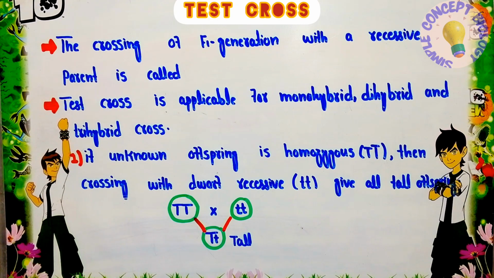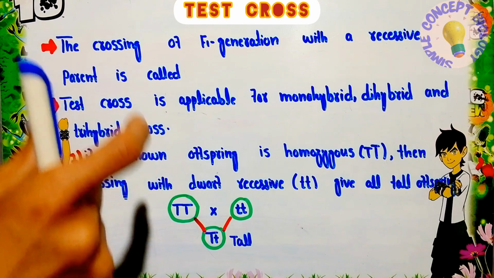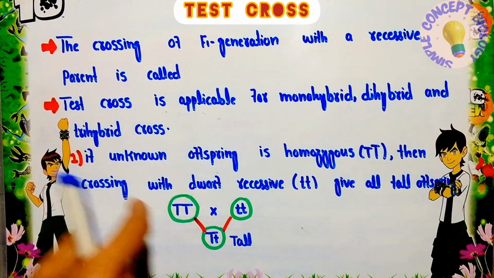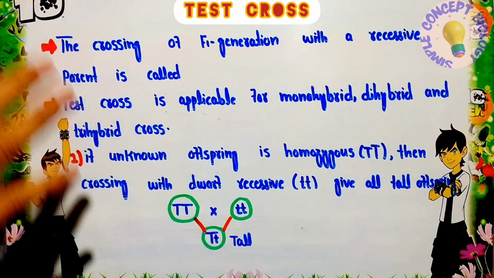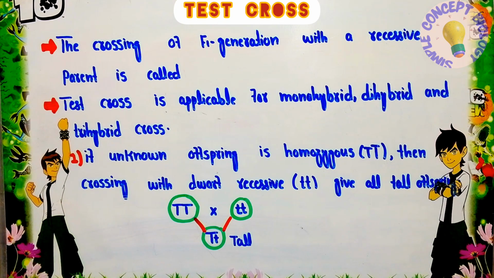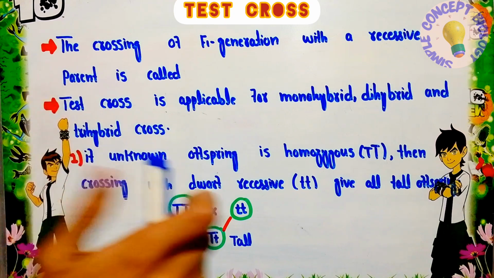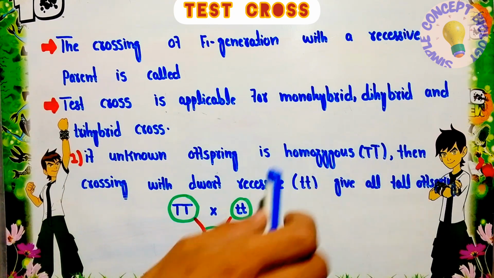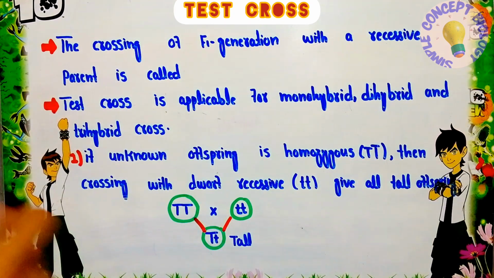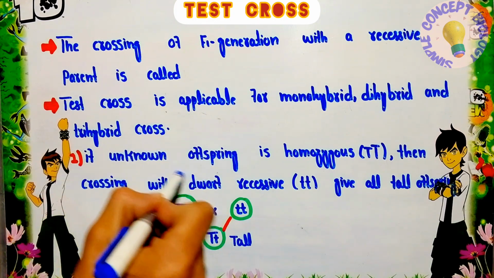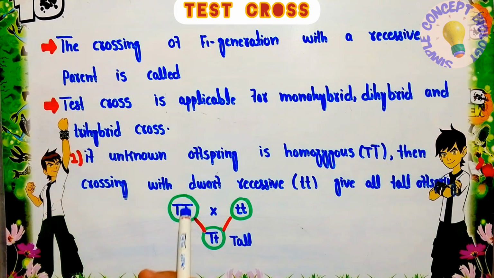In the first case, if we cross this F1 generation with a recessive parent and in the final result we get all tall plants, we can easily conclude that the F1 generation has the genotype capital T capital T, that is homozygous tall. You can see here we take this F1 generation and cross it with a recessive parent, that is small t.